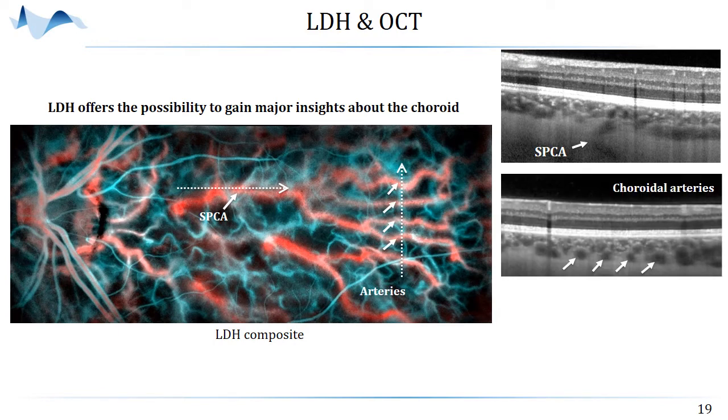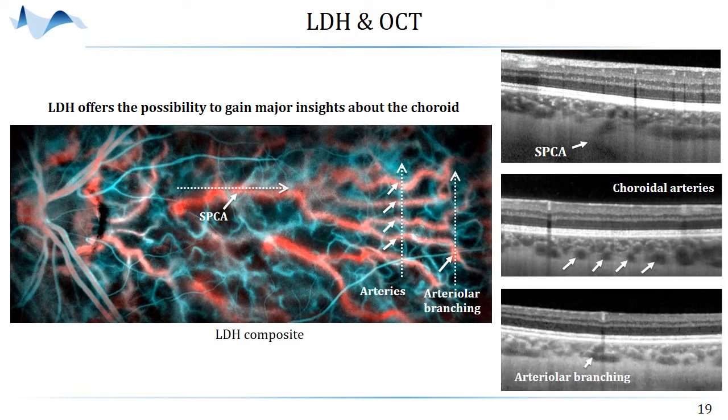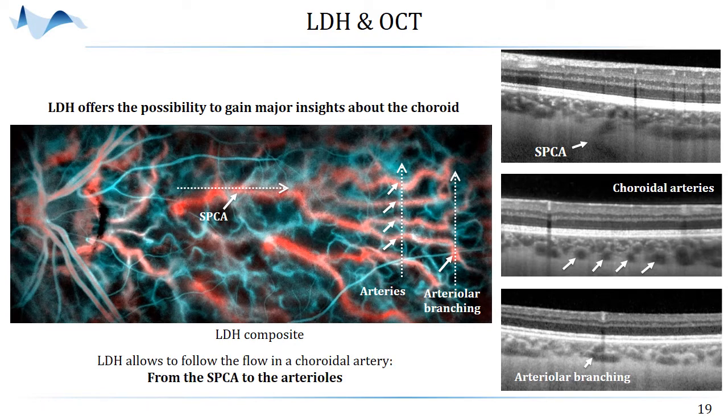And as the artery branches into different sub-arteries, we were able to find their location at the eye fundus. So despite the fact that these arteries are located at the bottom of the choroid, we're able to see them with a nice contrast, up to the point where the arteries branch into arterioles. So we're able to follow the flow in choroidal arteries from the short posterior ciliary artery up to the arterioles.